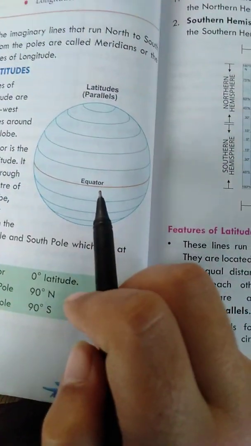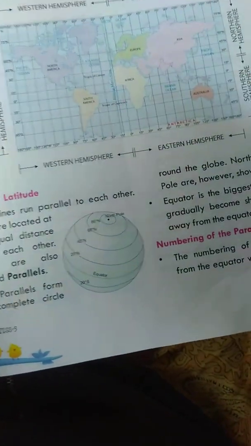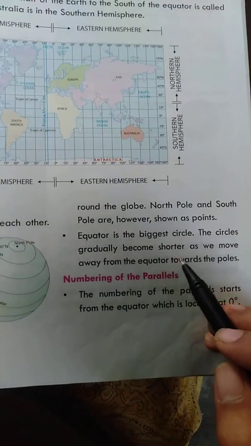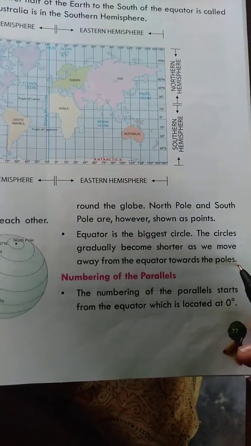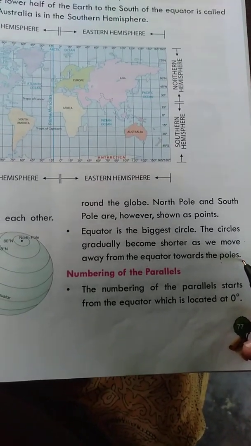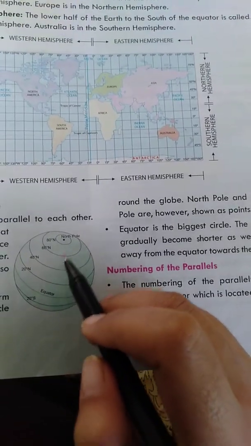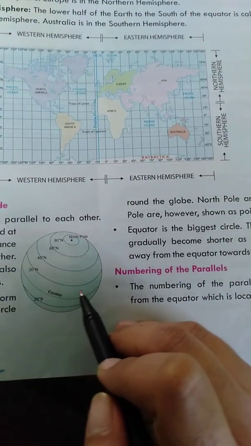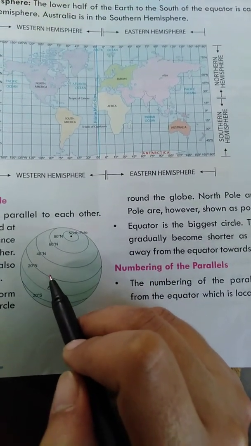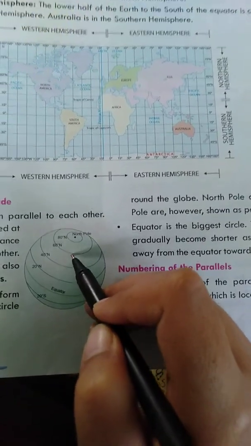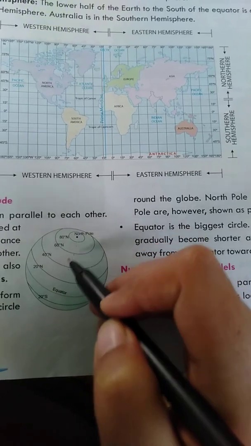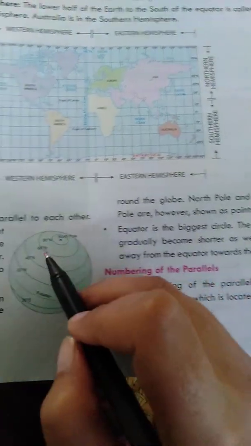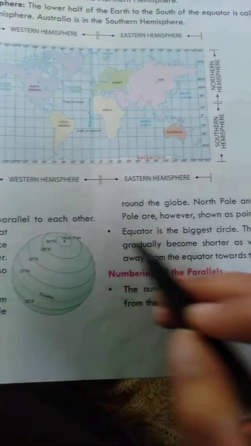It gradually becomes shorter as we move away from the equator towards the poles. The circles become shorter when we move towards the poles from the equator. Here you can see that circles are becoming smaller, one by one, and this is the smallest circle.